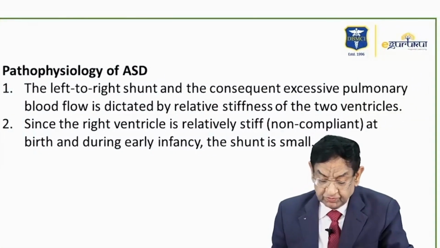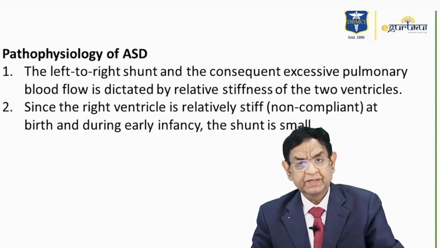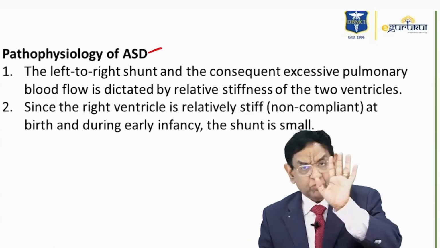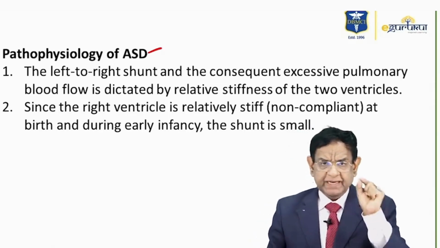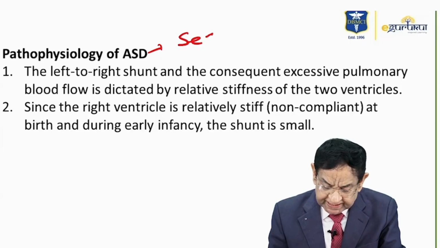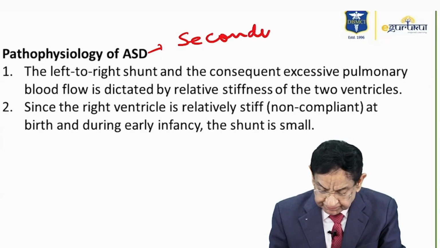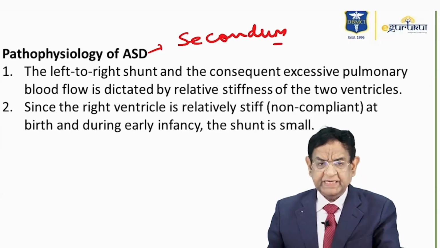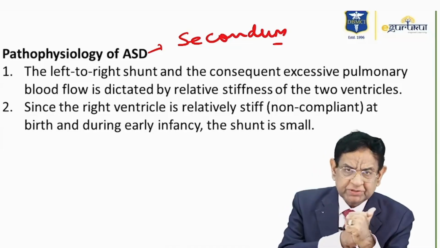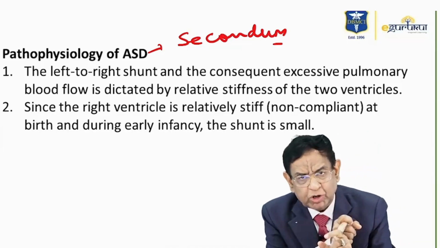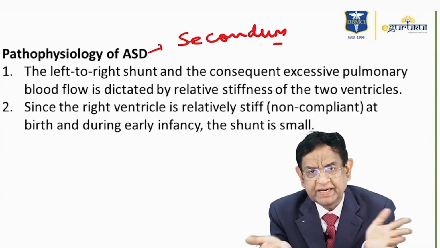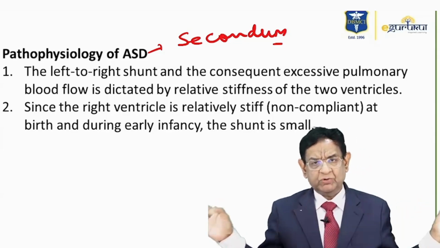Now I also told you that in ASD, PAH occurs especially. One more thing: whenever they talk of ASD, if not specified, it is understood that they are talking about the secundum variety. In fact, I tell you, in the exam, if they are to ask about primum, either they will talk about Down syndrome, or left axis deviation, or early PAH, or endocardial cushion defect.